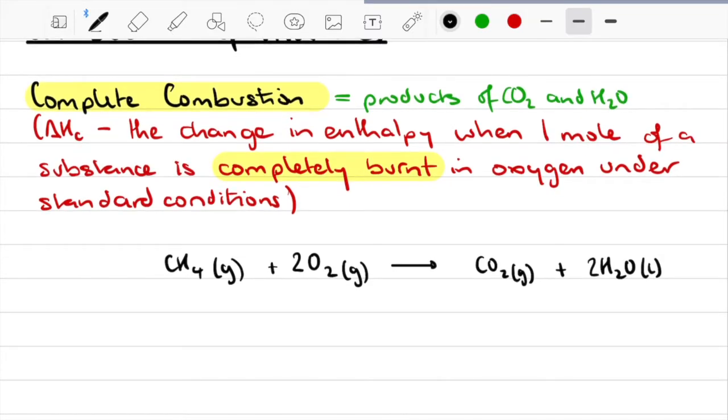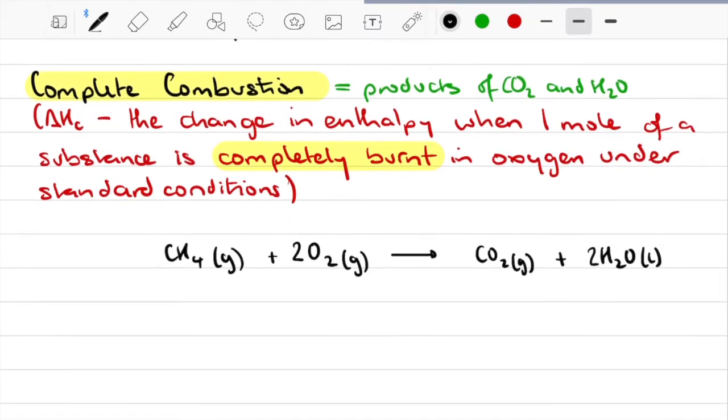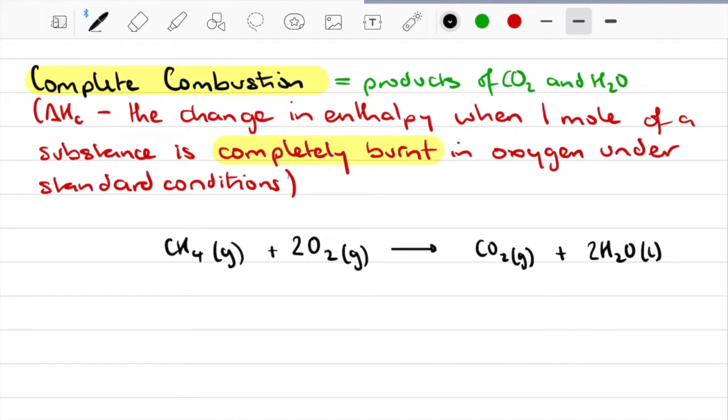So let's give an example. Let's do another complete combustion equation. This time we're going to do a much larger molecule: octane. I'm not going to bother with the state symbols here because it's just about the balancing. Obviously we're doing complete combustion, so I'm going to get carbon dioxide and water as my products.